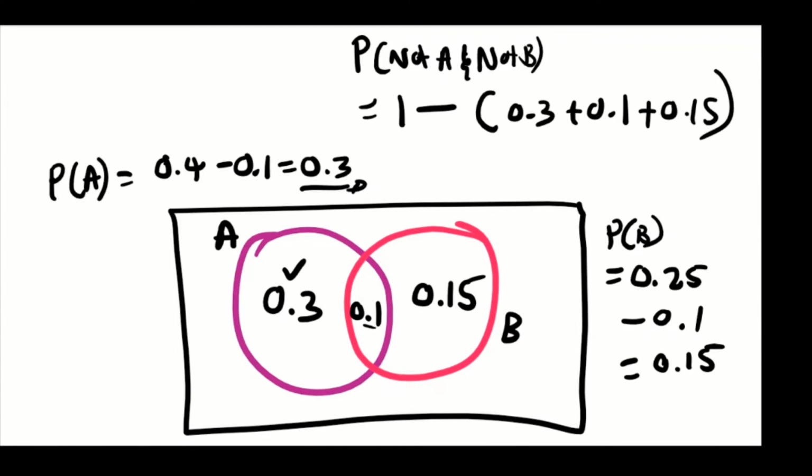So you're just going to add all and subtract from 1, and you should get 0.45. So here it's going to be 0.45. Then yeah, we're done for this.